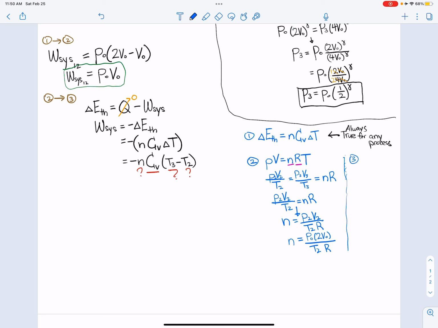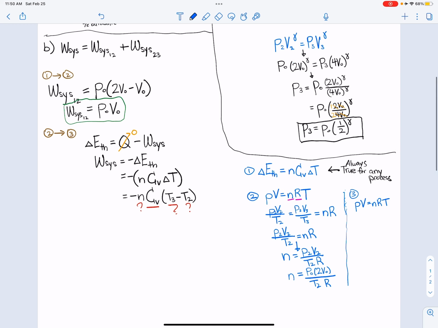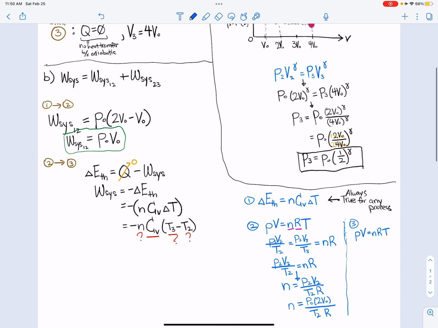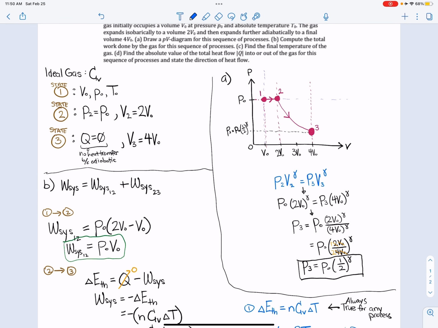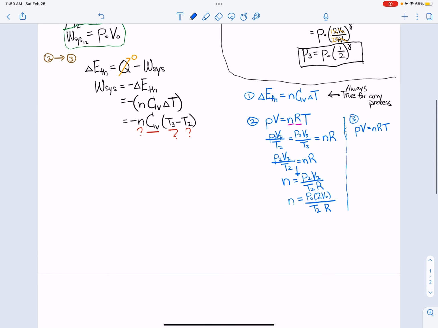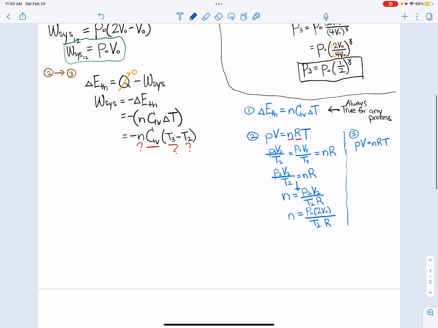Okay, so to find my temperature at state 2, what do I know? I'll use my ideal gas law, PV equals nRT, okay? From state 1 to 2, I have an isobaric process, right? This is constant pressure. So let me just clarify that this is from state 1 to state 2.